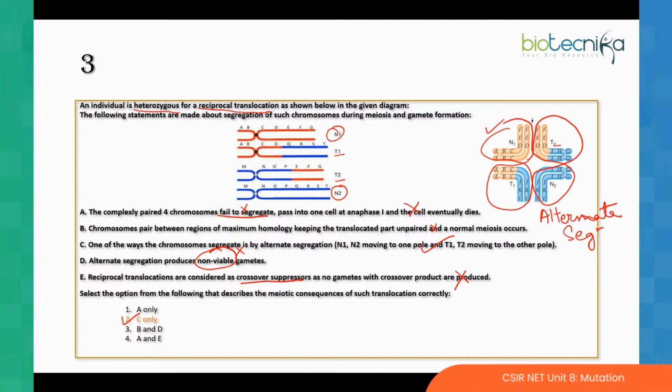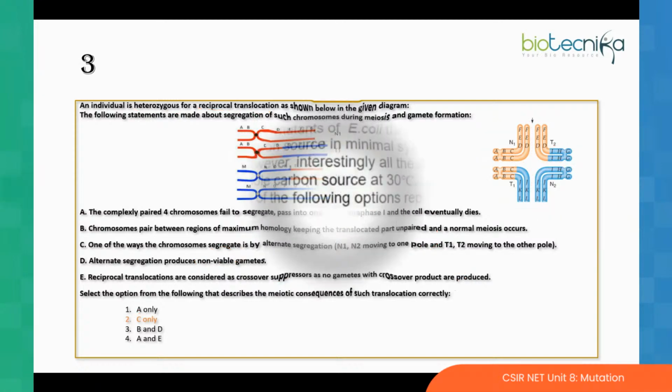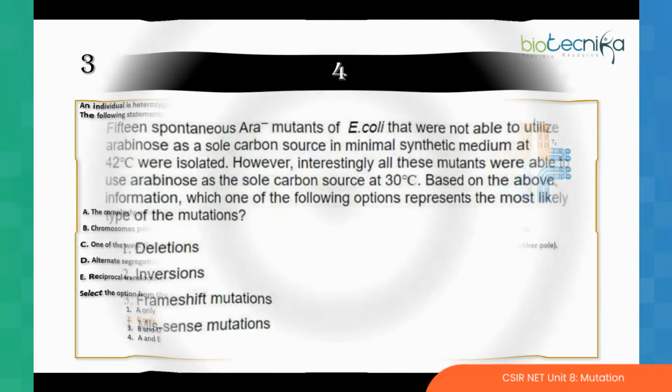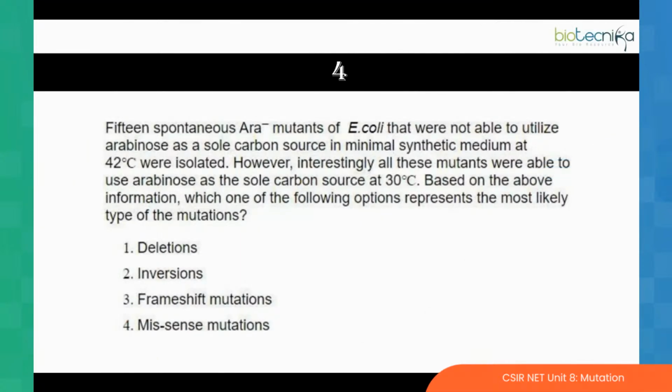Everybody, did you understand? All right, moving on to the next question. Please go through the question, try to comprehend it.